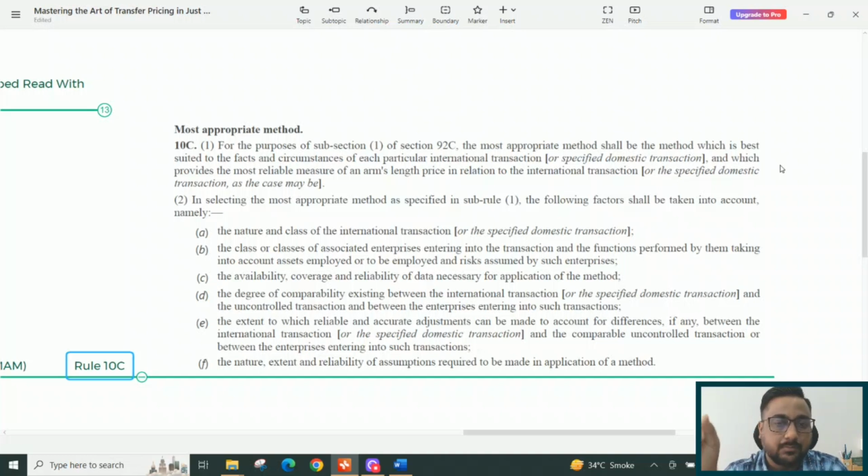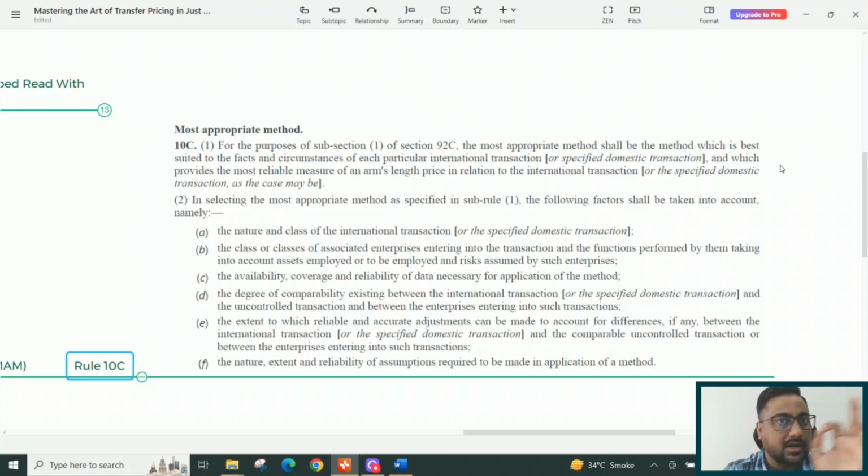Which says that the most appropriate method shall be the method which is best suited to the facts and circumstances of each particular international transaction and which provides the most reliable measure of arm's length price in relation to the international transaction.